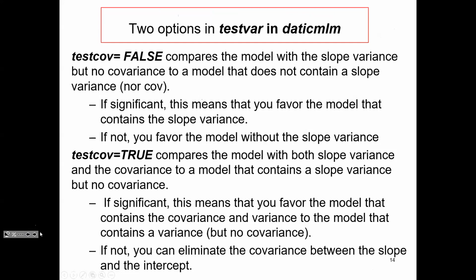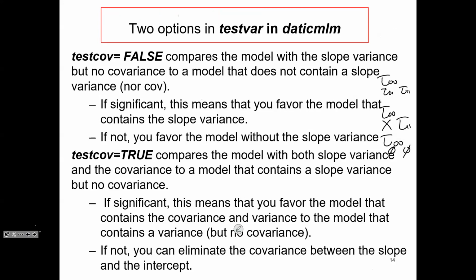For example, the 2DF test has a chi-square critical of 5.99 or something, but the 1DF test has a chi-square critical of 3.84 or something, right? But think about this, in those three models, I've got tau naught, tau naught 1, tau 1; then tau naught, nothing here, tau 1; and then just tau naught, nothing here.